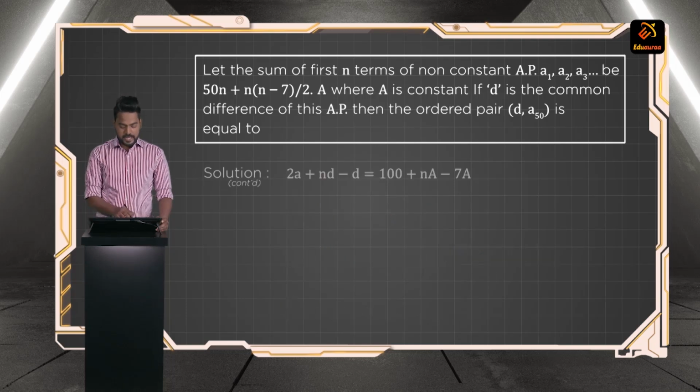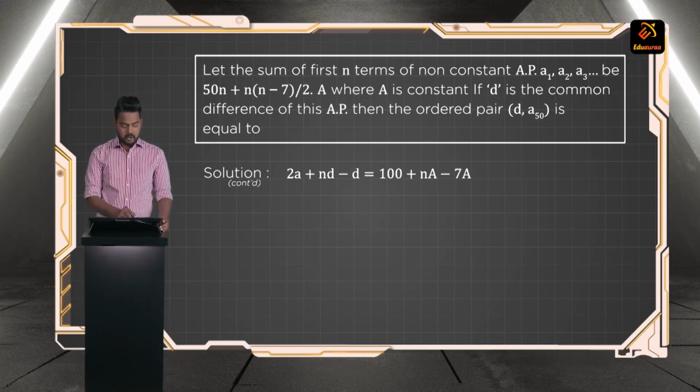Now 2A plus nd minus d will be equal to 100 plus n into A minus 7A.